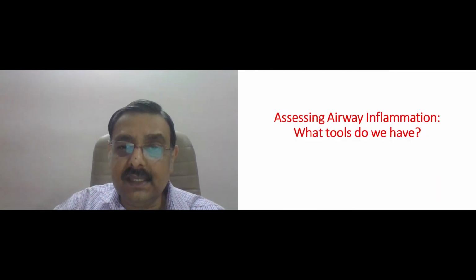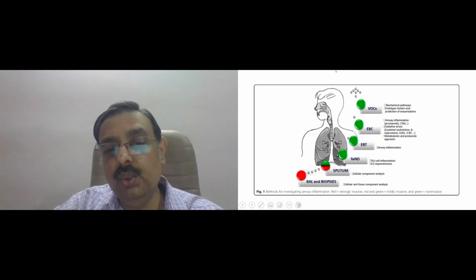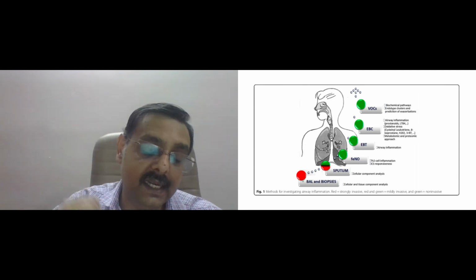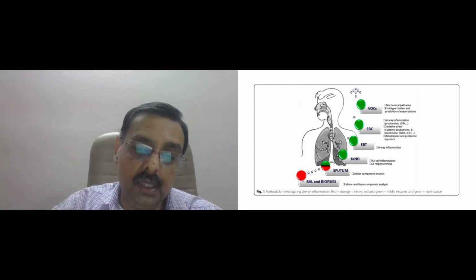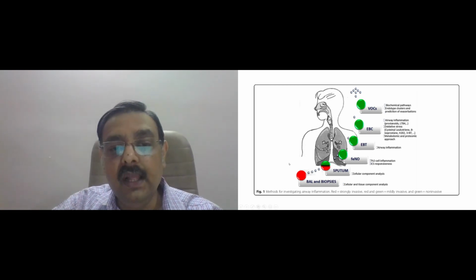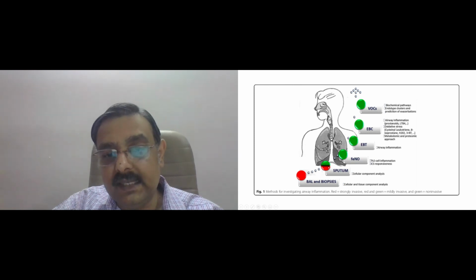Now, we are trying to assess airway inflammation. So, what tools do we have? Well, these are the tools which are available. The red ones are definitely better, but they are definitely more invasive and may not be possible at all centers. So, doing bronchoalveolar lavage and taking endobronchial biopsies is a very gold standard way. Then doing a sputum analysis. Well, this is not as easy as what it looks like.